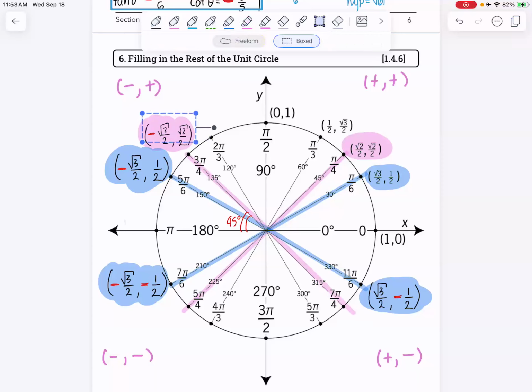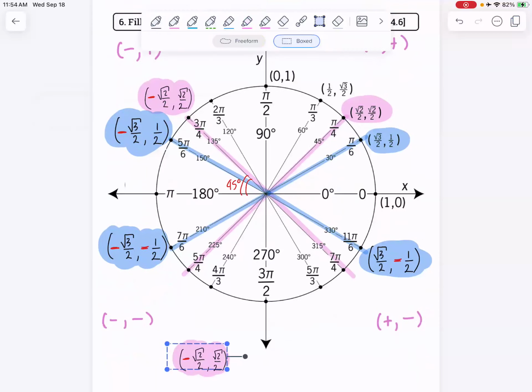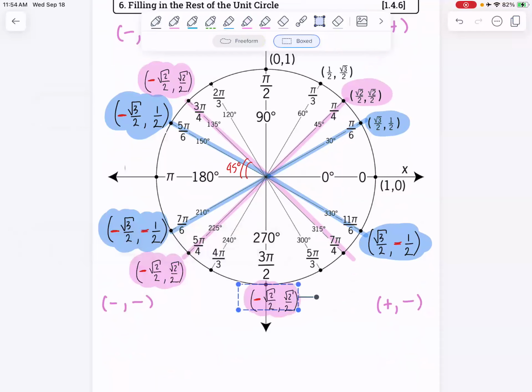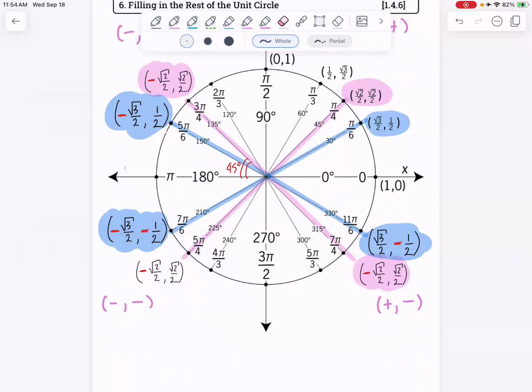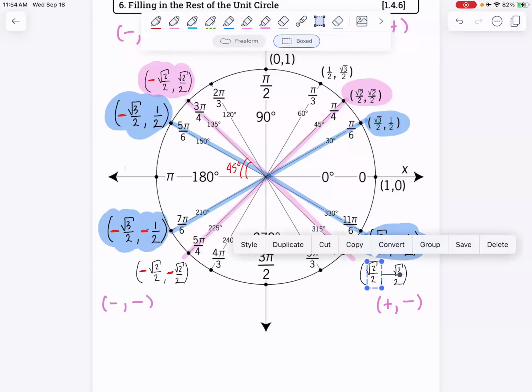I'll just duplicate this guy, duplicate, duplicate, and I just need to fix the signs on him. In quadrant 3, I know that both x and y are negative, so I'll put a negative sign in there. And in quadrant 4, x is positive and y is negative.